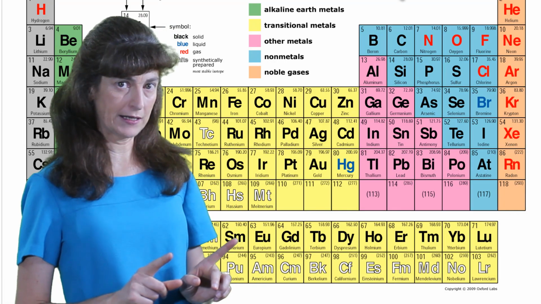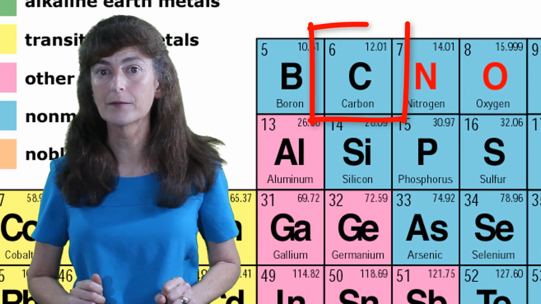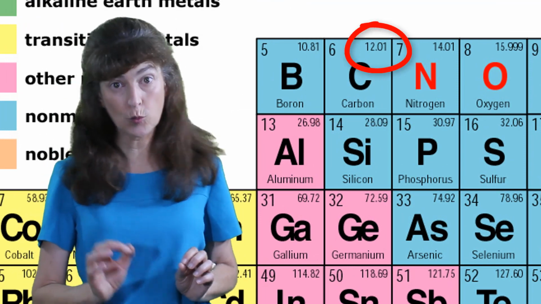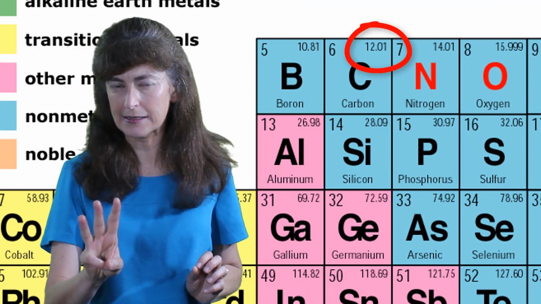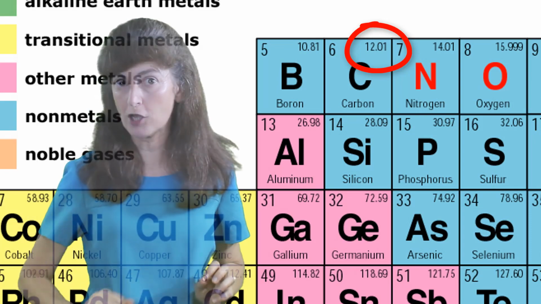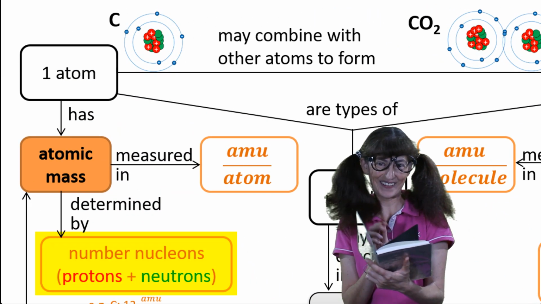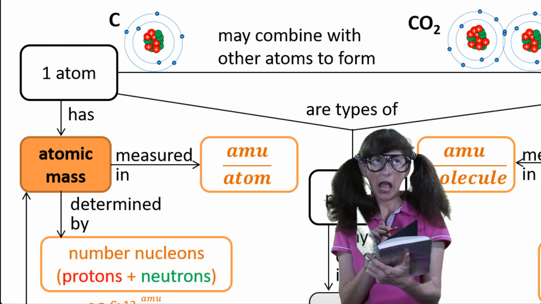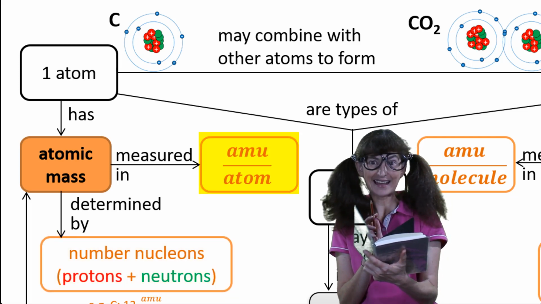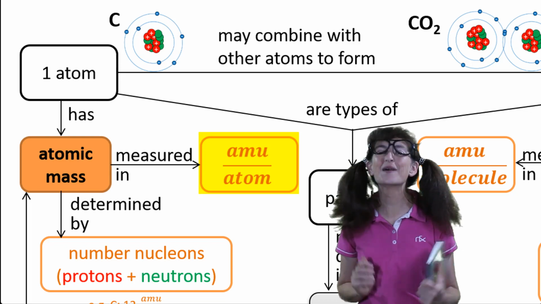Let's go back to the periodic table and look again at carbon. Remember that its mass number 12 has 3 meanings. 2 are submicroscopic: the number of nucleons in 1 carbon atom, and the mass in AMU of 1 carbon atom.